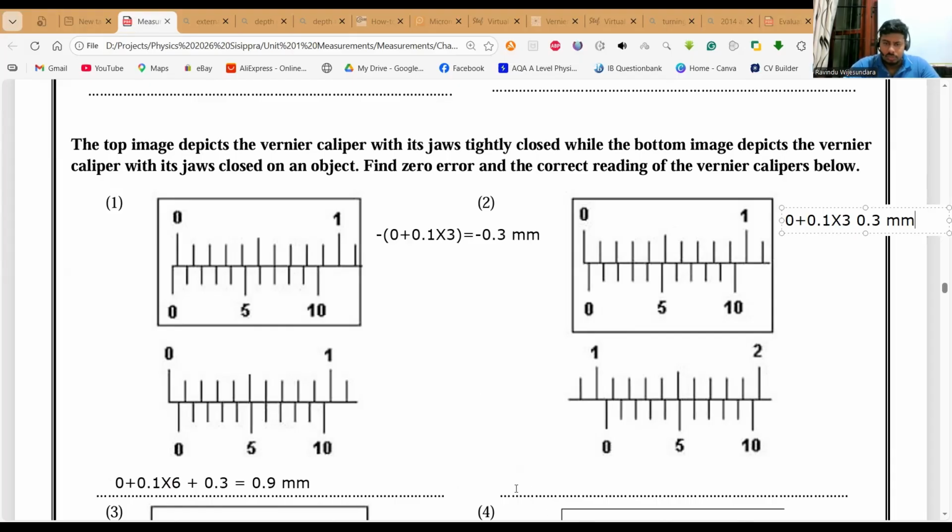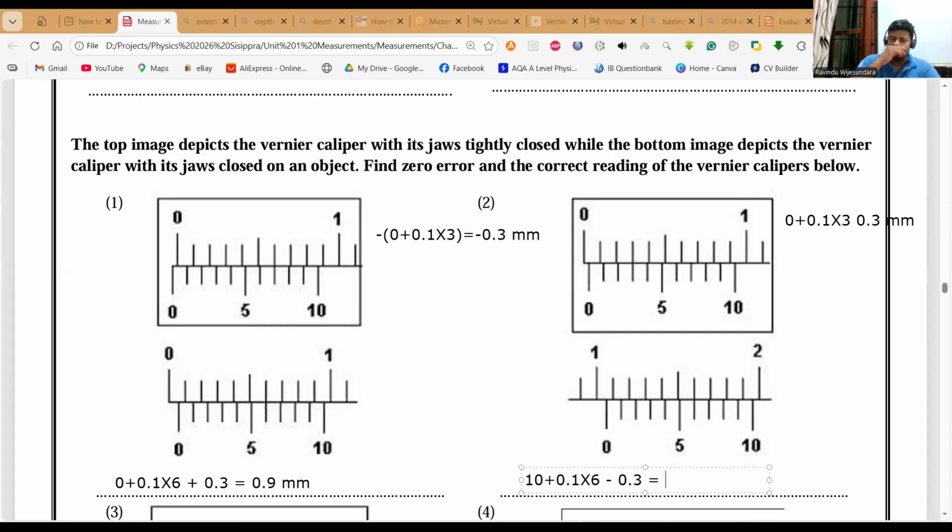Now, if you go to this one, first take the reading of this one. So 10 millimeters already passed. Therefore, 10 plus 0.1 multiplied by the division which is coinciding, the sixth one, right? Then to take the corrected reading, you better subtract that error value from here, right?